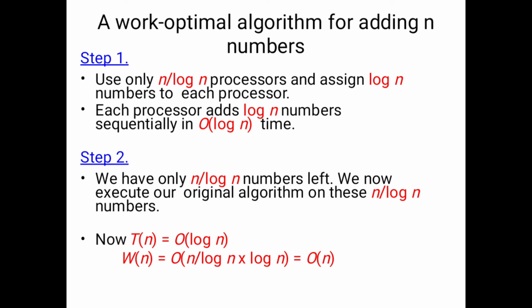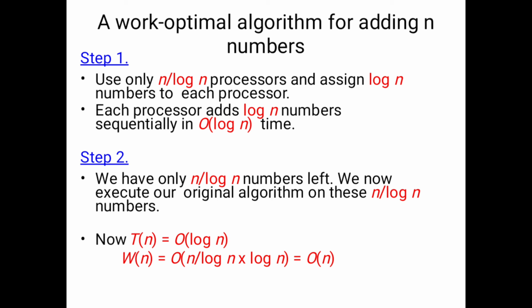From this, we will see a work optimal algorithm for adding n numbers. In step 1, use only n by log n processors and assign log n numbers to each processor. Each processor adds log n numbers sequentially in order of log n time.